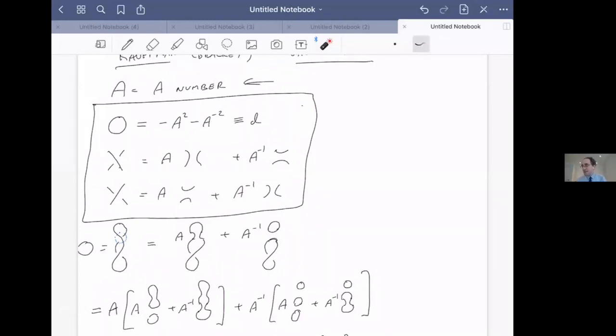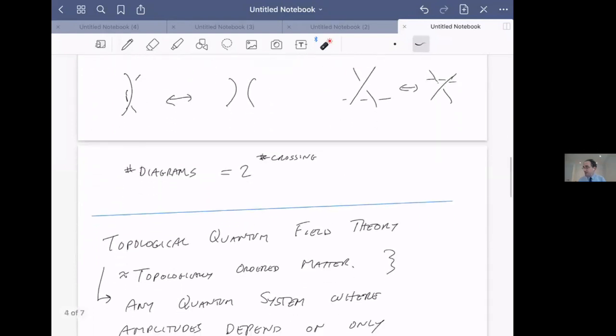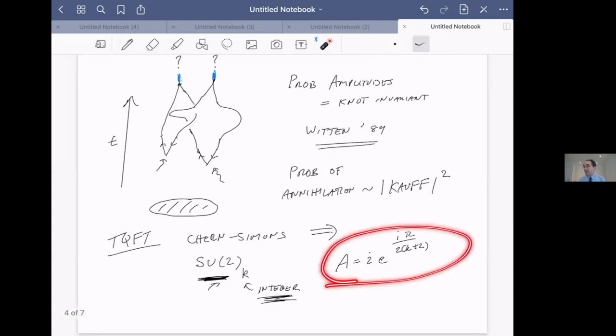Let me pose the question in a slightly different way. One question is, what values of A are allowed in the Kauffman invariant? Physically, not all of them are allowed. For a physical system, one thing that I didn't have time to mention, although often I do, is that this A has to have a unit magnitude.